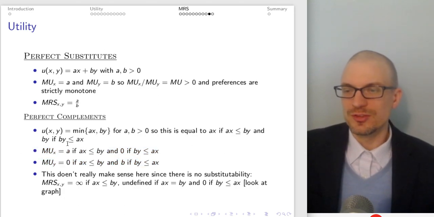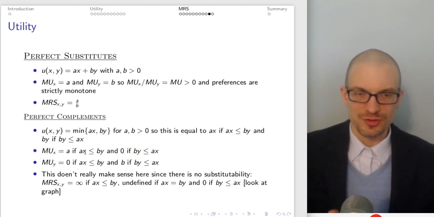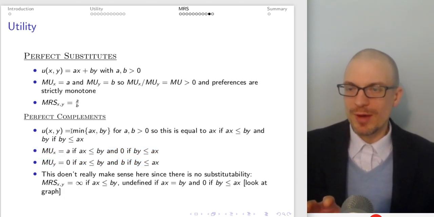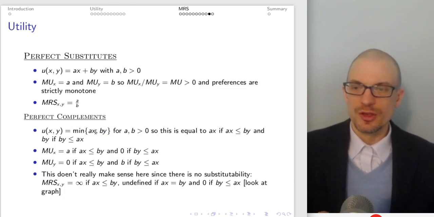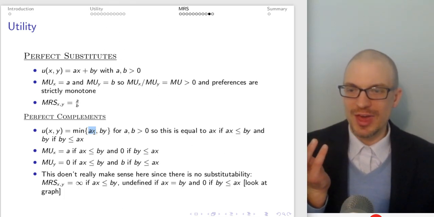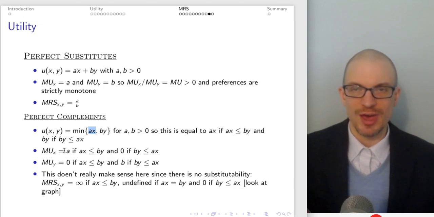The point is my utility. So let's think about this for a second. What's going on? My utility is going to be whichever is the smaller of these things right here. So if the smaller is the ax portion, my amount of x times a, if that's smaller than the amount of y times b, then my utility is driven by the ax side, which is why I need to have the marginal utility of x.